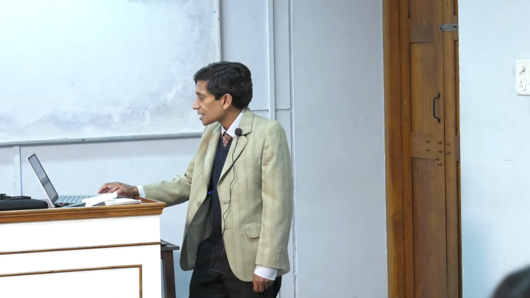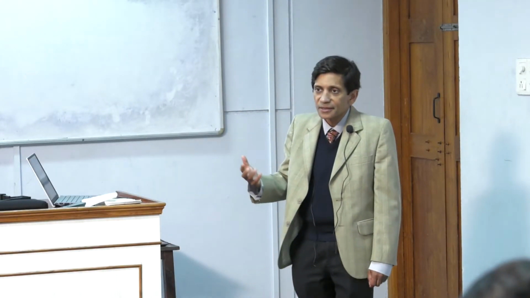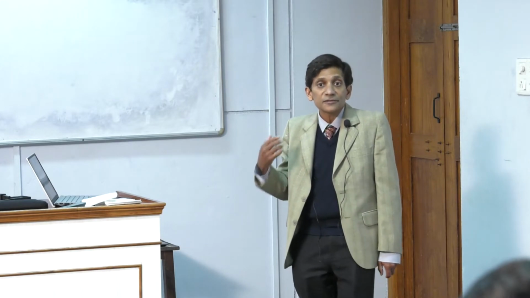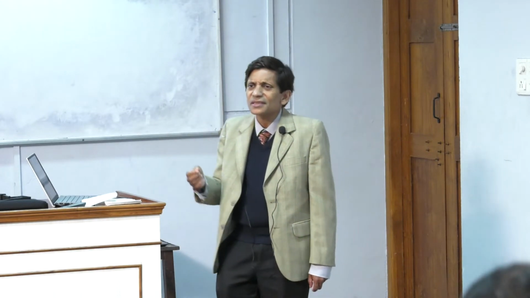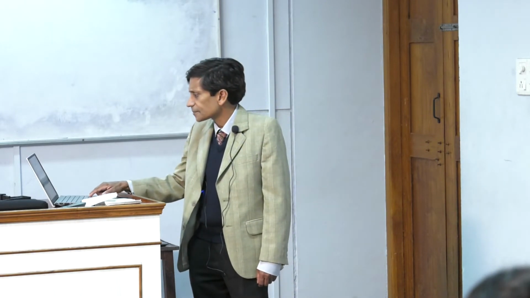So I explained the terms below this. Okay? Permeate flux for clean membranes, how I calculate this membrane resistance term, is given by something called the Hagen-Poiseuille equation. Again, if you've studied fluid mechanics, you'd know what that is. That's for laminar flow in tubes. But it's just an equation that determines the flow rate as a function of pressure drop in tubes.